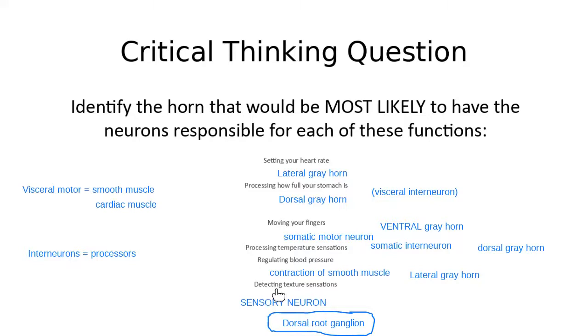So anytime you see this task of detecting, we're thinking it's a sensory neuron, and we're remembering those ones don't live in the spinal cord. They live outside the spinal cord. They would give that information to our neurons that live in the dorsal gray horn, where they would process it and figure out how we should respond.